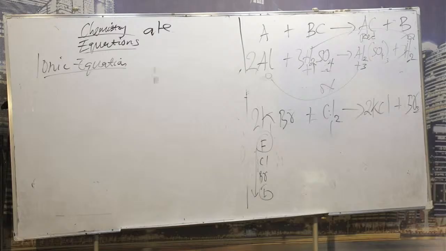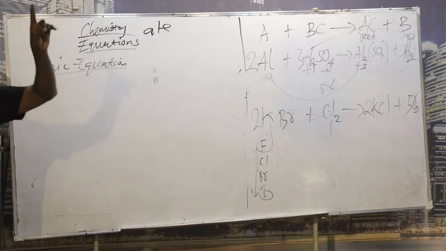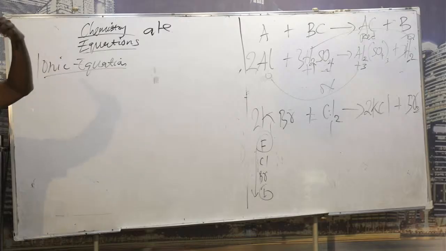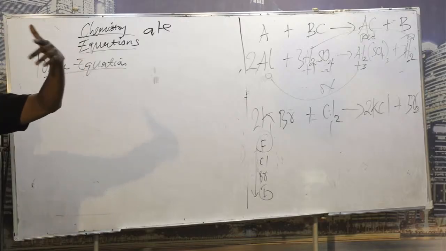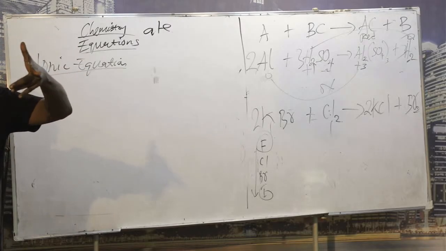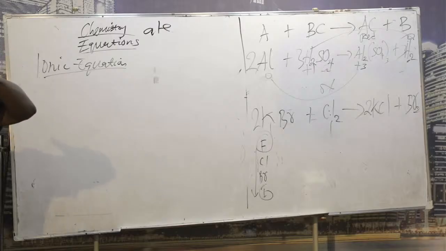So the only difference between this one and the one we just finished is that in the one we just finished, we are only balancing atomically. Number of atoms, once it corresponds, we are good to go. But this one, you not only balance atomically, but you balance what? Ionically. Some of the species will come with plus or minus.